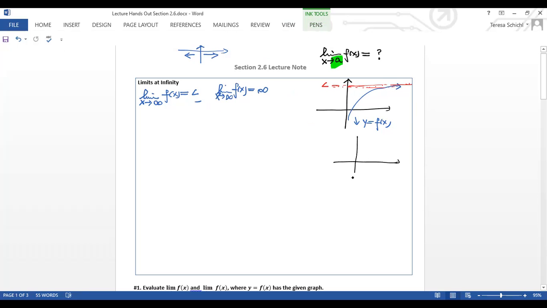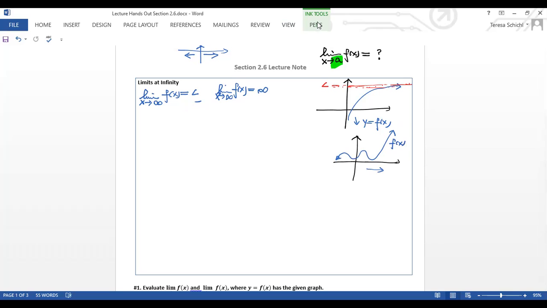If this is my f of x function, as you can see, when x continues getting bigger and bigger, my y value becomes bigger and bigger, right?